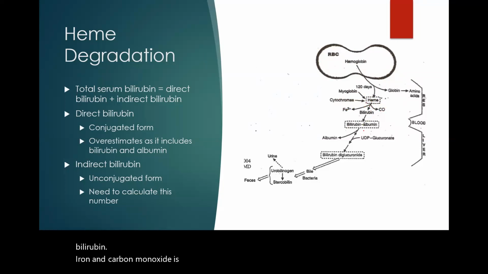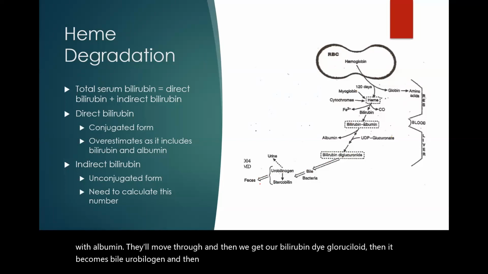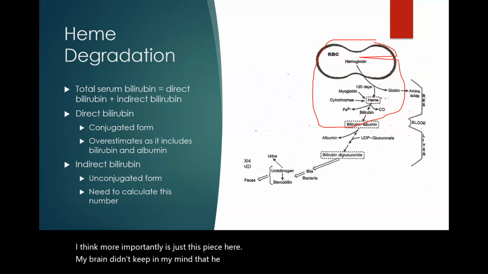Then bilirubin will combine with albumin and move through, and we get our bilirubin diglucuronide. Then it becomes bile, urobilinogen, and then feces. That's our excretion process. I think more importantly is just this piece here. My brain didn't keep in mind that heme becomes bilirubin. I think that's the key piece.